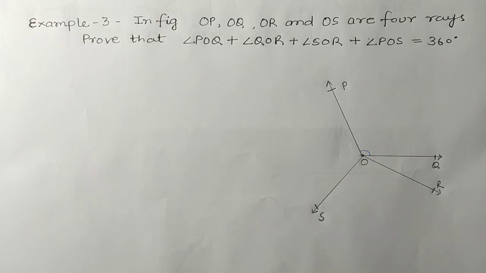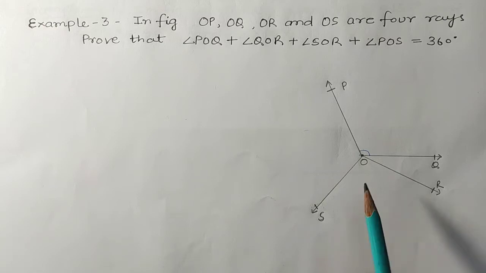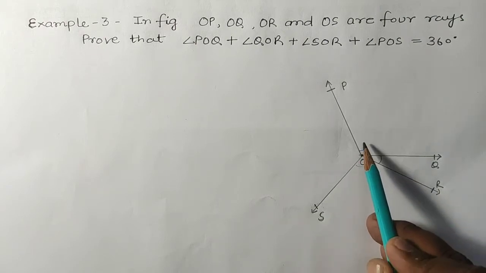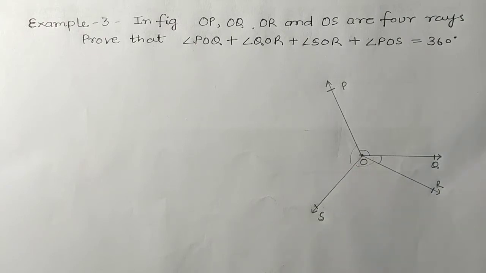So how will we prove it, students? Since we have to prove that the sum of all angles POQ, QOR, ROS and POS is 360 degrees at point O, firstly we have to do some construction here.